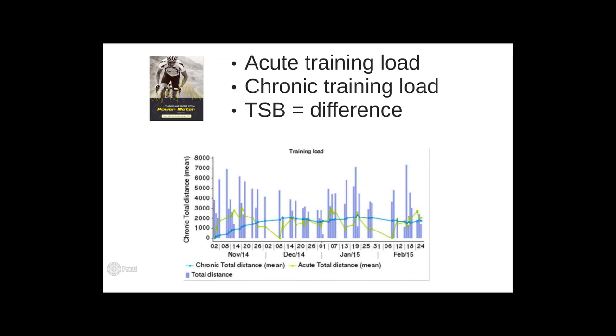For example, a sudden decrease in acute training load might peak our athletes, depending again on what happened in the history, so they might taper and peak. But in the long run, the decrease in acute training load is going to bring the chronic training load down, and that's going to cause detraining.